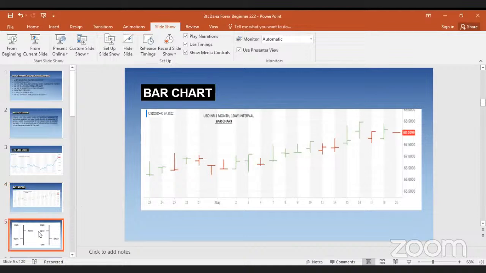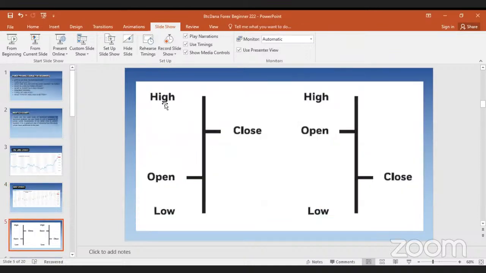In the bar chart, we have what we call the high and the low. This is where it opens. If it's a bullish market, look at this, it opens from here and closes around here.